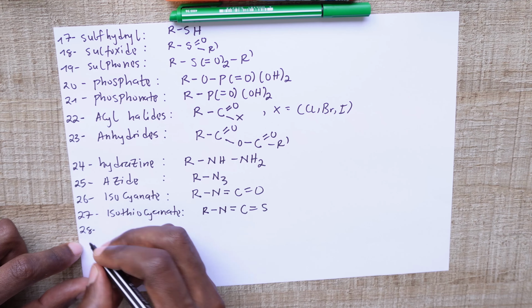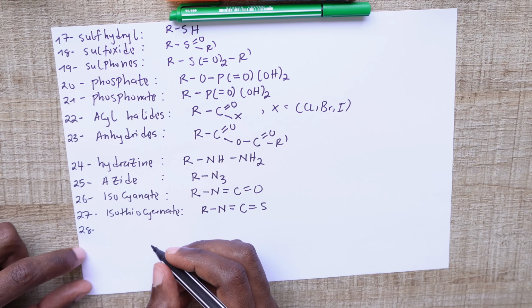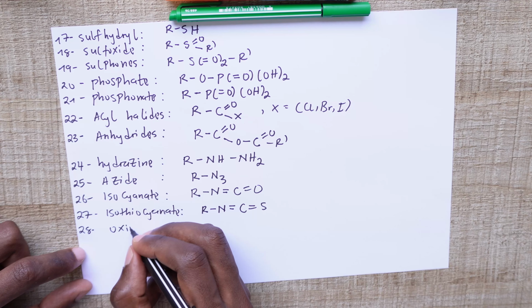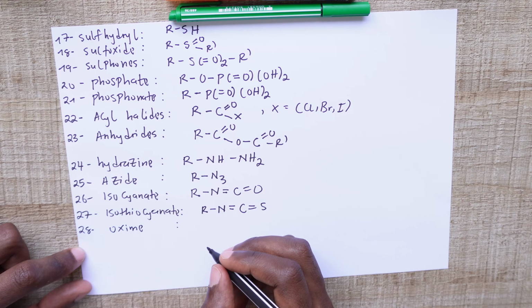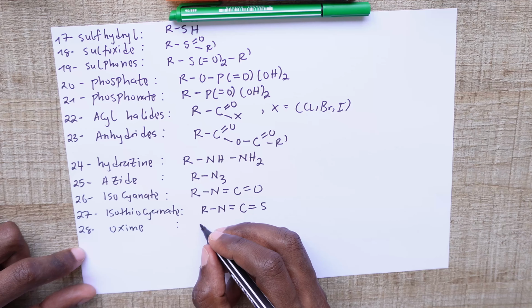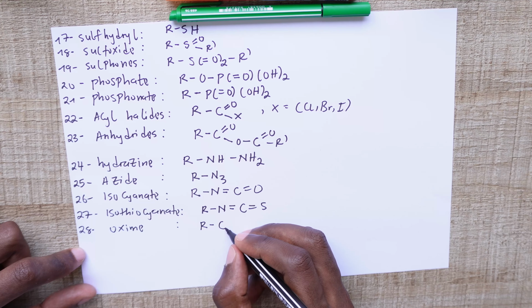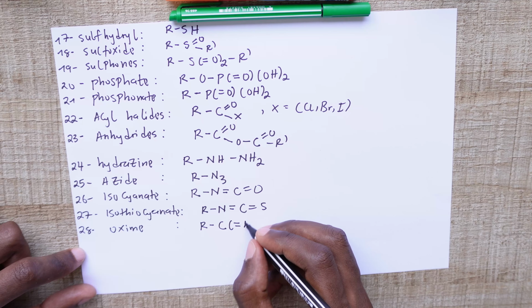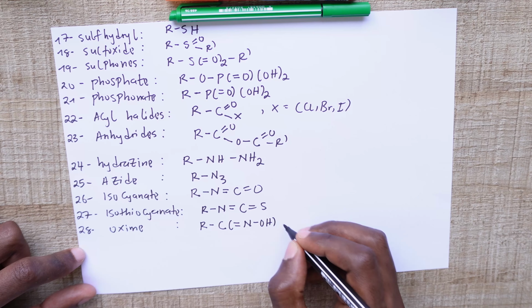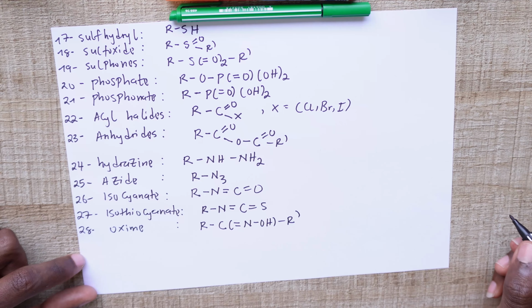Then in the 28th position, you have the oximes, which has a functional group that's a bit fancy. RC, NOH, R prime. Okay.